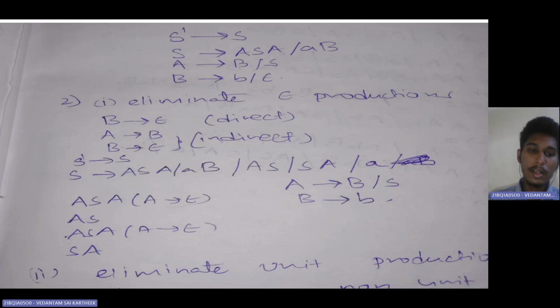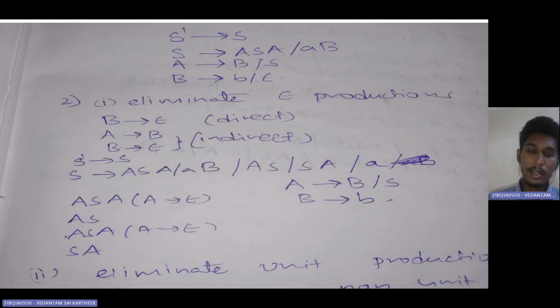Since A implies B and B implies epsilon, if we replace this A with epsilon, then we get A to S, which is added here. And if we replace this A with epsilon, we get SA, which is written here.